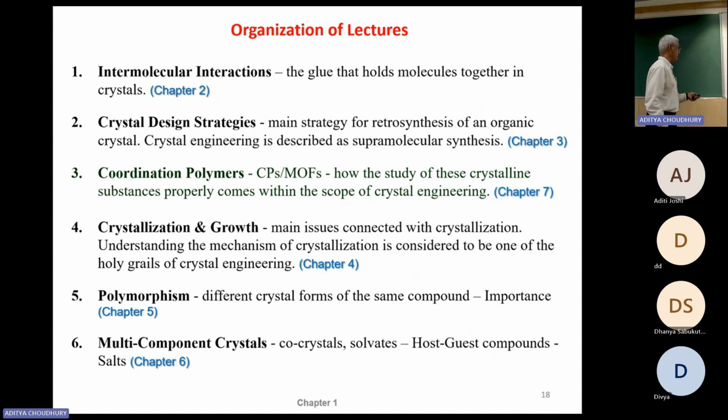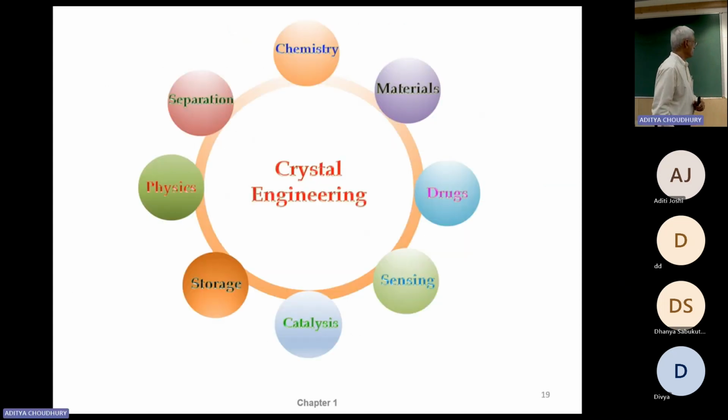But we can talk about it. That's very important in getting these crystals, and polymorphism: how we can get different crystal forms and what they can do, and what the importance of these things is. And then multi-component crystals. I think that's about it.